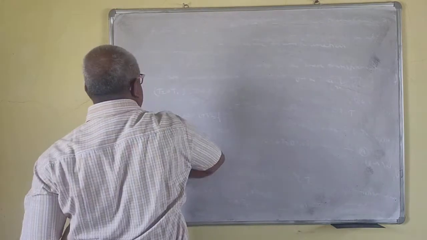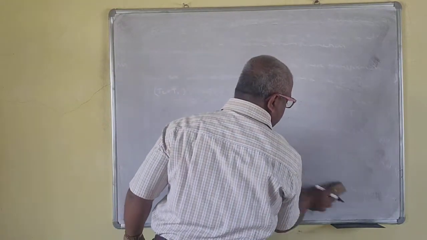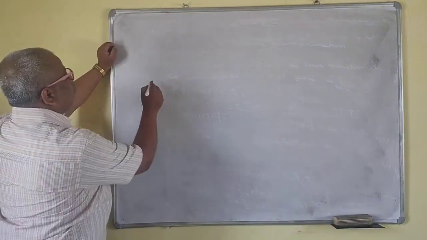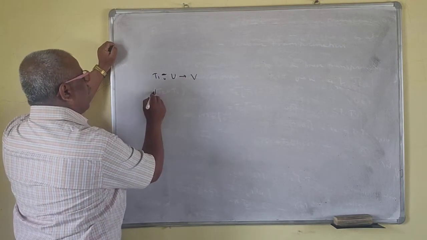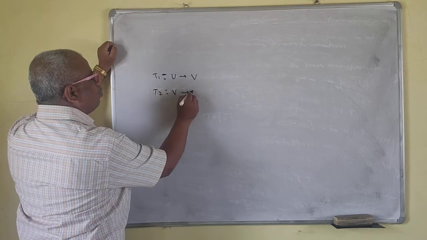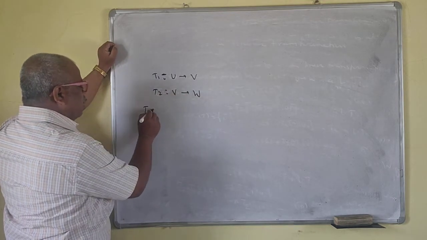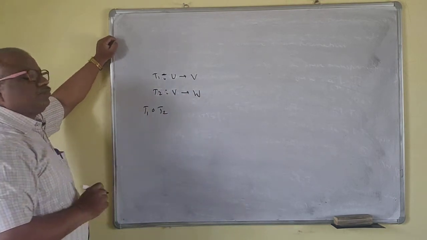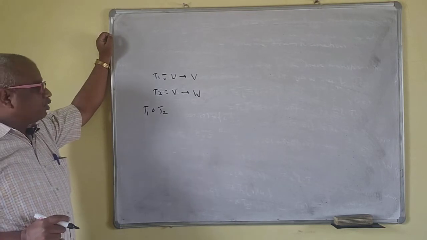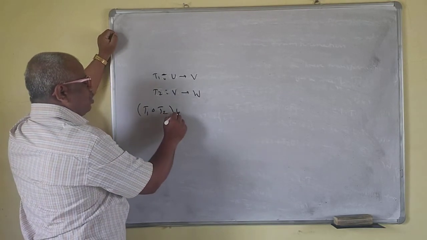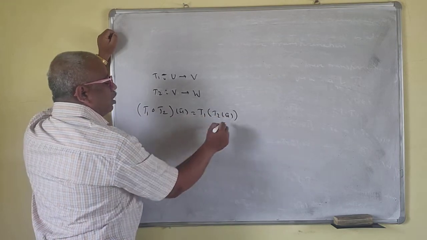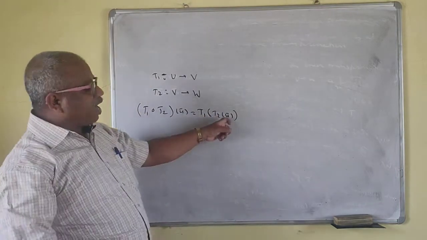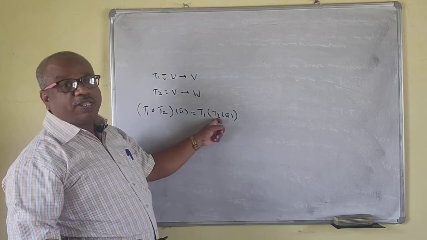Note that here T1 is from U to V and T2 is from V to W. You cannot write T1 compose T2 now, because by definition, suppose this is U bar, this is T1 of T2 of U bar. You are applying T2 on U bar, so U bar must be in the domain of T2.